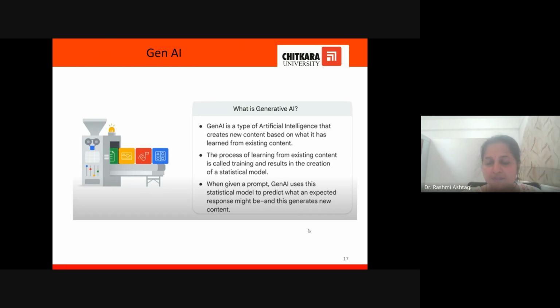The tools we are using have some benefits and also some disadvantages. The disadvantage is this one: it will take the data which is given to it by someone, but I want the data from my particular file or PDF. At that time I can go for a customized generative AI tool.